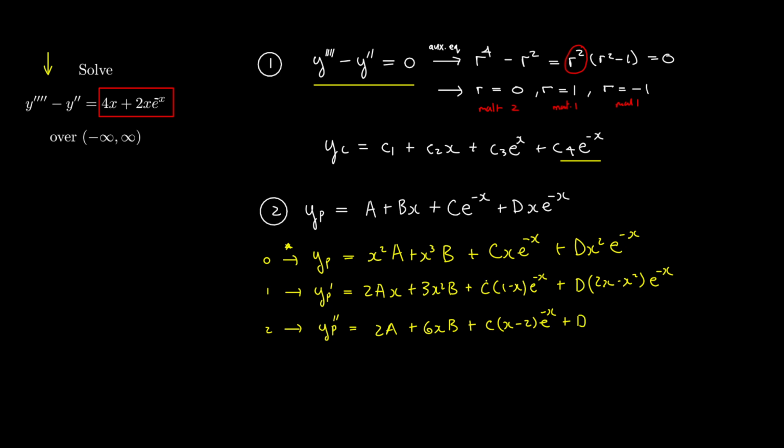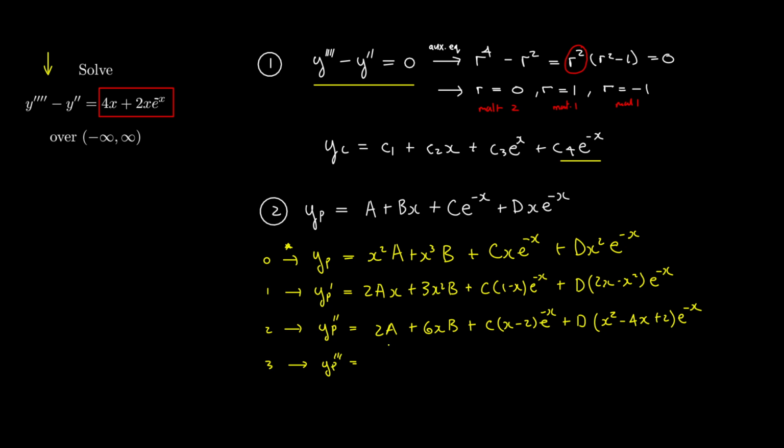And now d times, and now this would have been a little bit more complicated to differentiate, but again, you'll just get a quadratic function, so it should be x squared minus 4x plus 2 e to the negative x. And we continue here, third derivative.